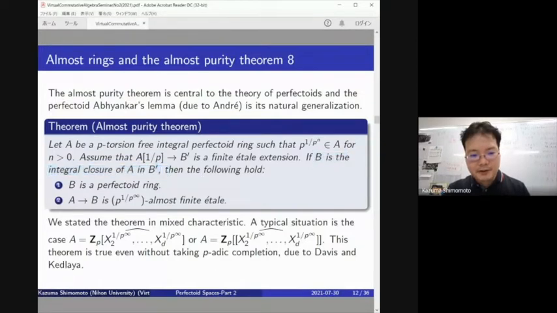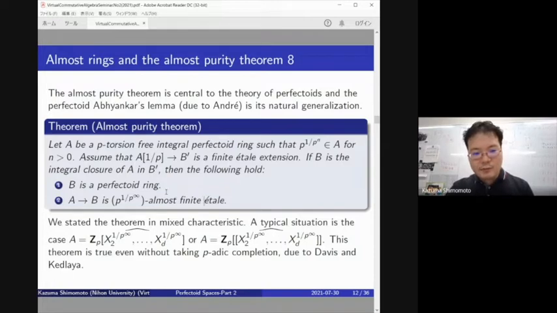Then we have the following statements. B is a perfectoid ring. So this is a P-adically complete ring such that if we mod out by P, then Frobenius is surjective and the kernel is actually generated by the P to the 1 over Pth roots.